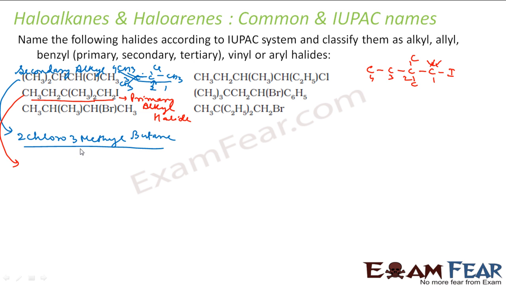So it's 1-iodo. At 2 I have 2 methyl groups, so it is 2,2-dimethyl. And then the longest chain has 4 carbon, so it is but, all single bond, ane. It's 1-iodo-2,2-dimethylbutane, and it is primary alkyl halide.